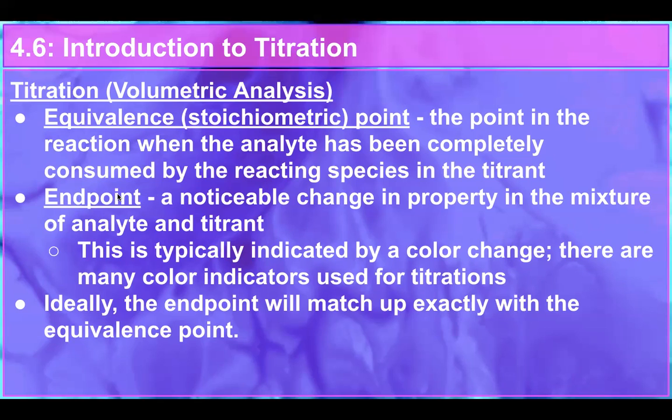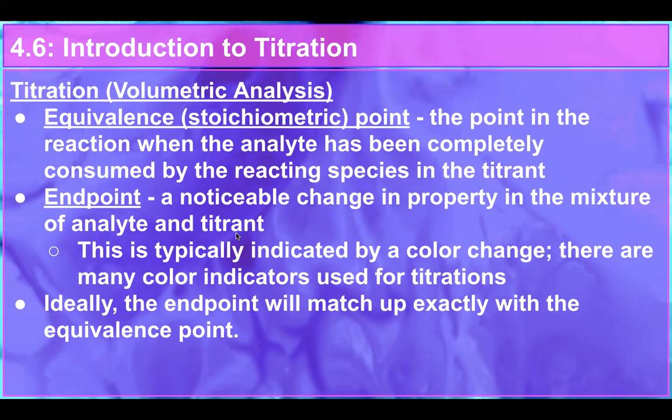So the endpoint is going to be a noticeable change in the property of our analyte. A lot of times titrations are done with acids and bases. So as more titrant is added, it may be becoming more acidic or more basic.